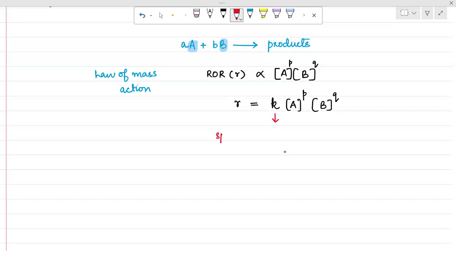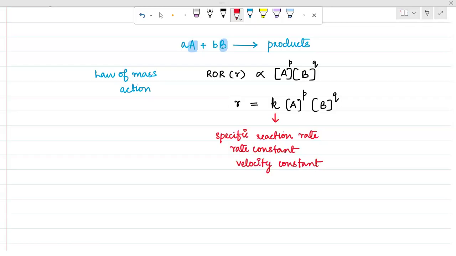It is called specific reaction rate. It can be called rate constant. It can be called velocity constant. These are some of the common names that are interchangeably asked in the competitive exams.